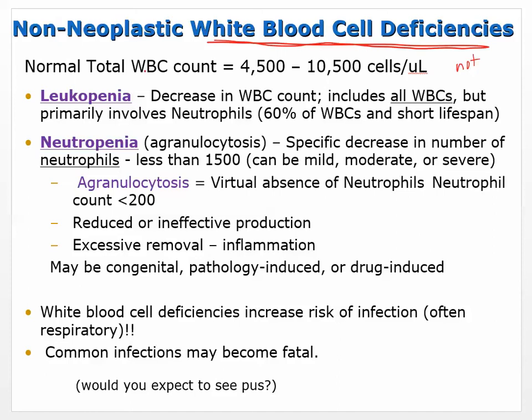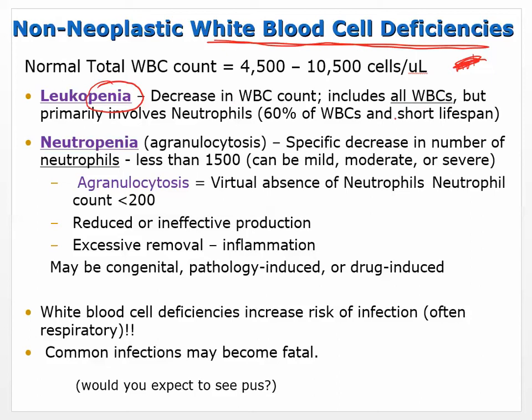A lot of these are just terminologies that we recognize, and they can happen by a lot of different causes. Your normal white blood cell count is between 4,500 and 10,500 cells per microliter. Leukopenia, penia usually just means a deficiency in the blood. So leukopenia is a decrease in white blood cell count in the blood.